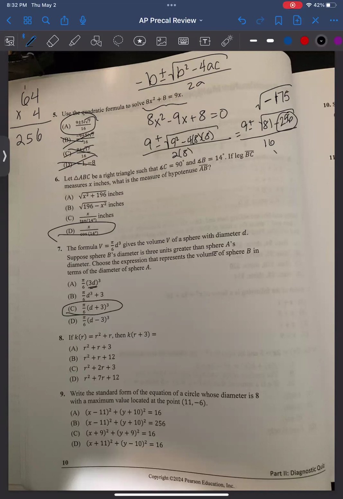But either way, that's again 3 times, not 3 more. Now, D is obviously wrong because that's minus 3. Then I'm looking between B and C. B is saying cube the diameter and then add 3, whereas C is add 3 and then cube it, which is the proper way to do a diameter that is 3 units greater. Does that make sense?